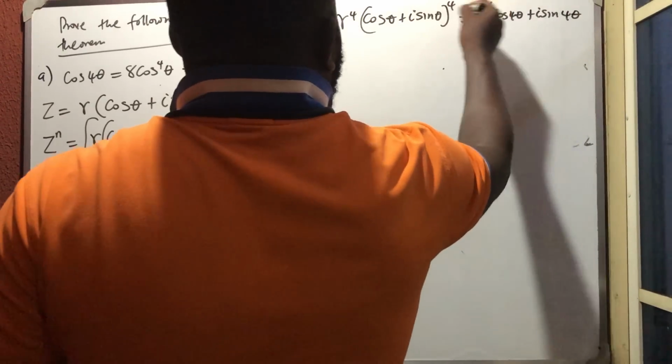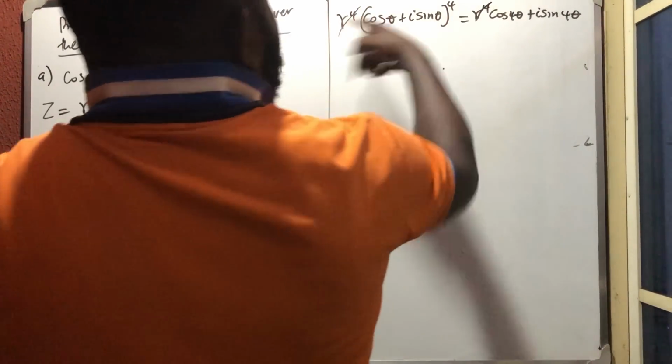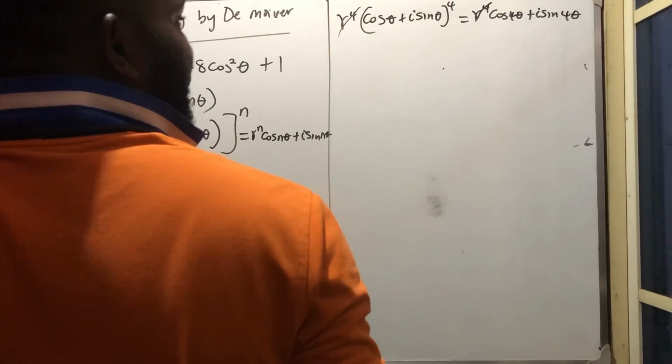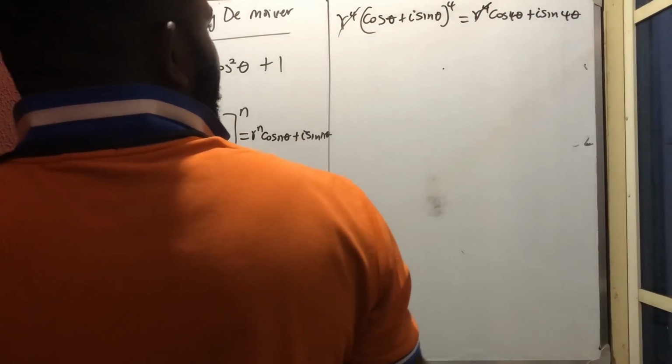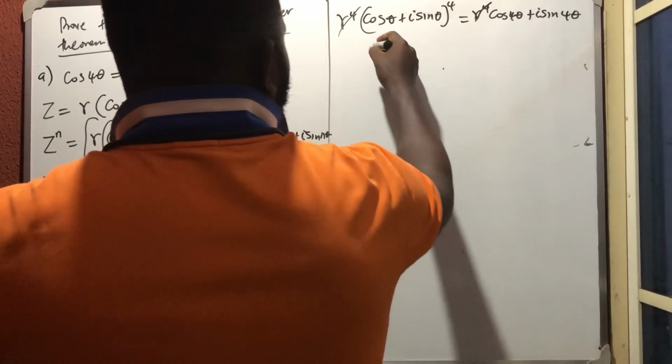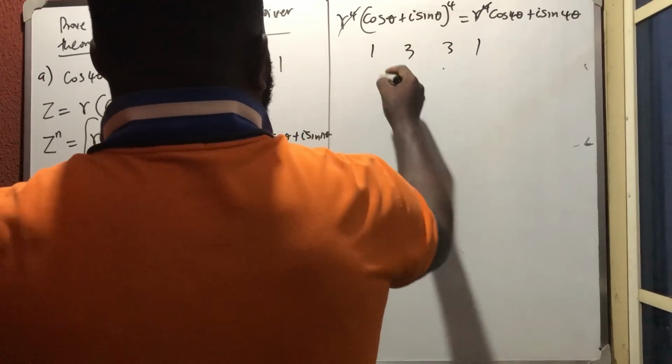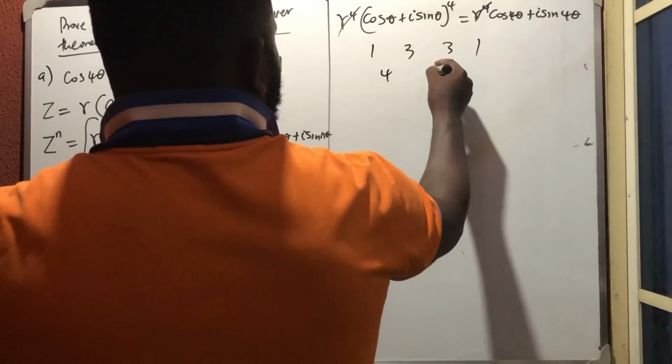Now this will take care of this. So let me expand this by binomial. If you go to my video on binomial expansion using Pascal's triangle, I'm having 1, and the other one for 3 is 1 3 3 1. Don't forget this one. So this plus this is 4. This plus this is 6.